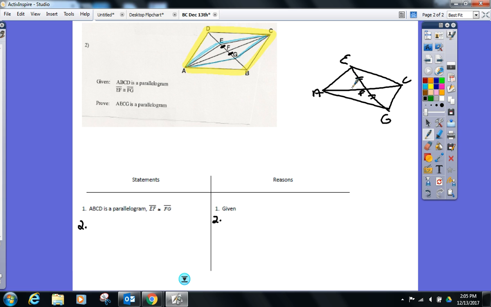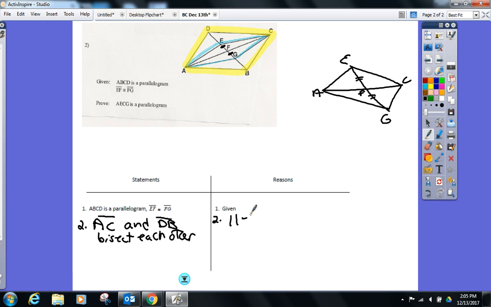But this is why I'm doing it with you. We are not ready to say AF congruent to FC because it's a parallelogram. What does the property of a parallelogram say? Not that the two segments are equal, but what? The diagonals bisect each other. So that's what's going to go next, that AC and DB bisect each other. That's what the parallelogram property says.